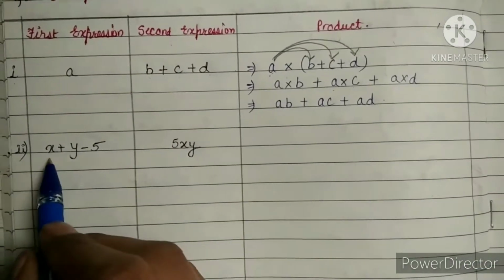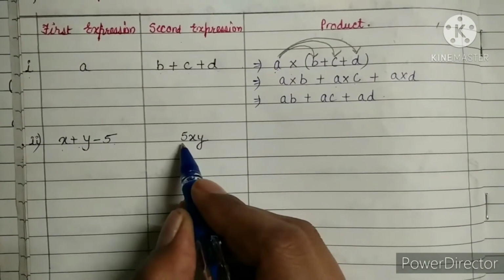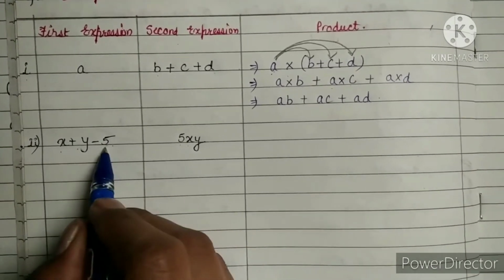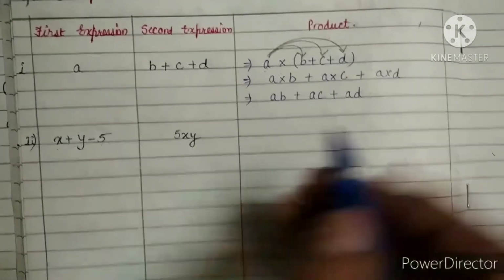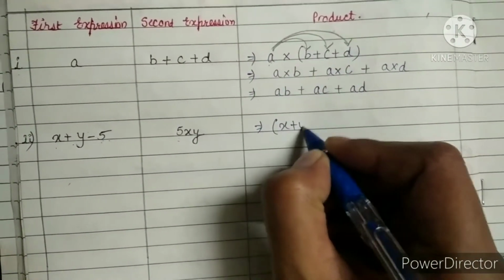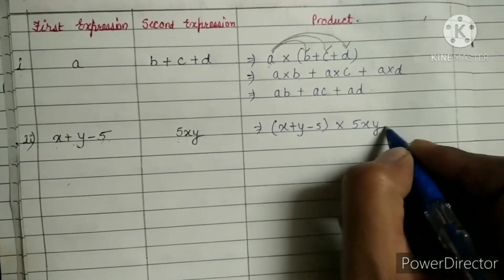Second is x plus y minus 5 multiplied by 5xy. Three terms means a trinomial, one term means a monomial. We are multiplying a trinomial, which will come in brackets, by a monomial.